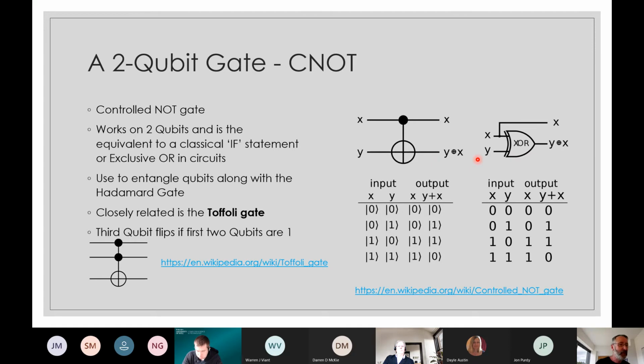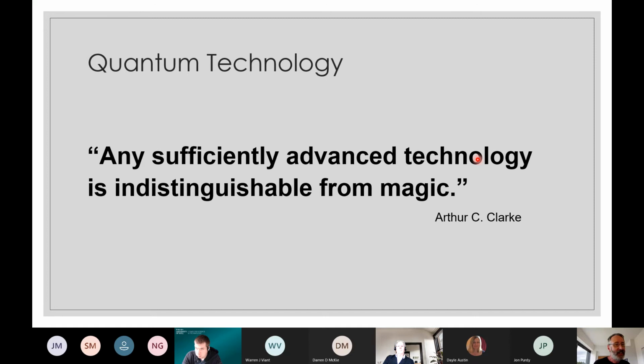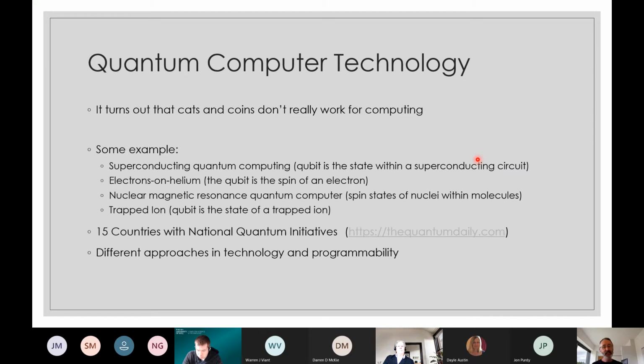I'm seeing the time is going by, so I'll just say a bit about technologies. And again, to me, this is back to Arthur C. Clarke's thing. This is kind of still quite magical. There are a number of technologies being used to build quantum computers. And one of the main ones is superconducting quantum computing.